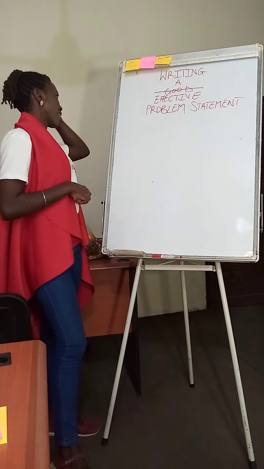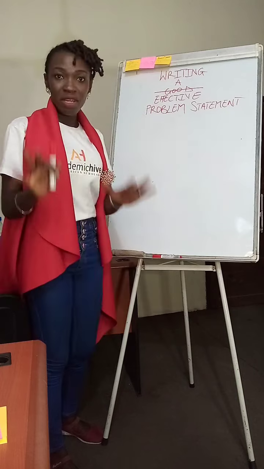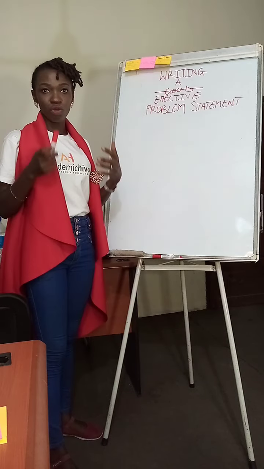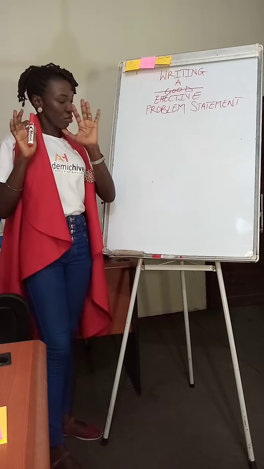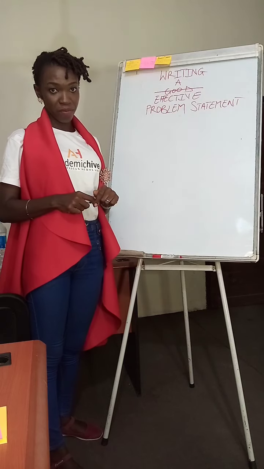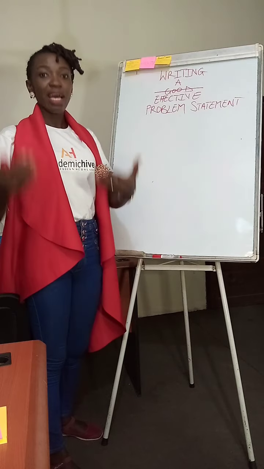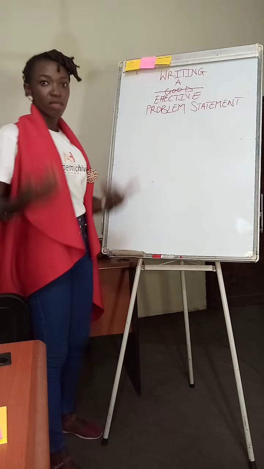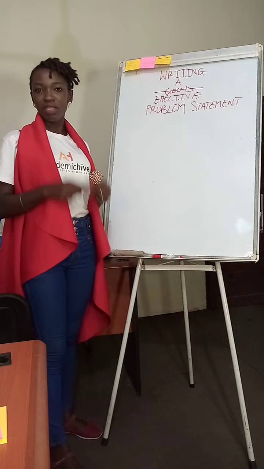Now, what am I saying? It's very normal for supervisors to complain that you have not clearly stated your statement of problem. But this training is going to help you understand how to write an effective statement of problem.